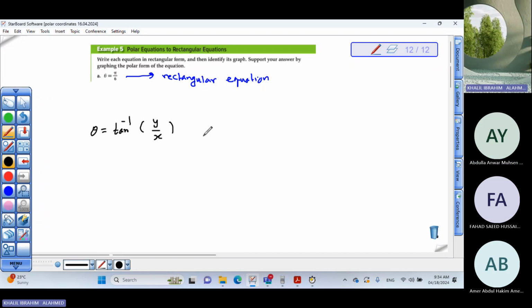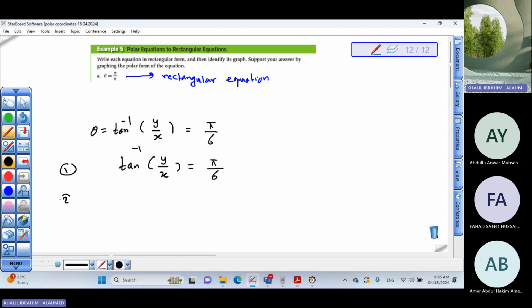This is theta, and it equals pi over 6. Now we can take step 1. Tan inverse of y over x equals pi over 6.